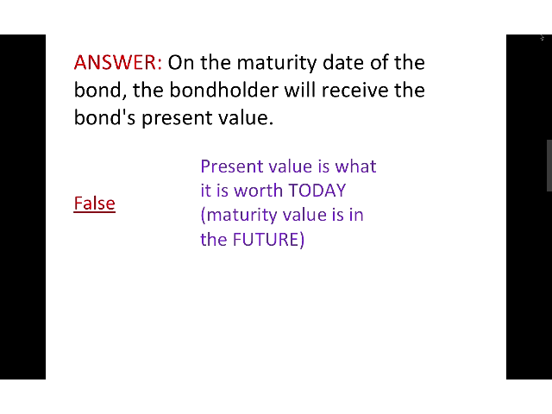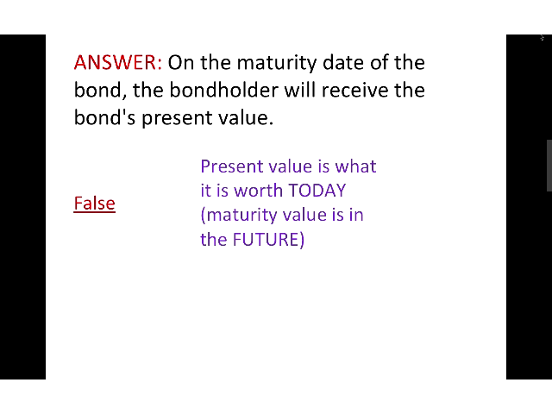If we were using our dollar and our $1.05 in that example, what this is saying is on the maturity date of the bond, our bond's $1. The bondholder will receive the bond's present value. The present value is $1. We're holding it today. No, the bondholder will receive $1.05. It's not going to receive what it's worth today. So the present value is what it's worth today.